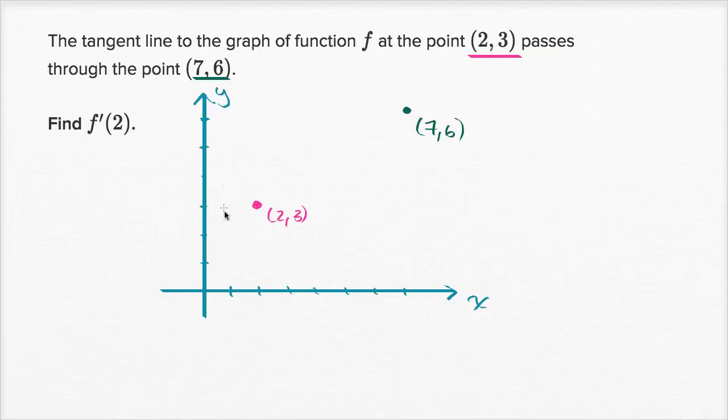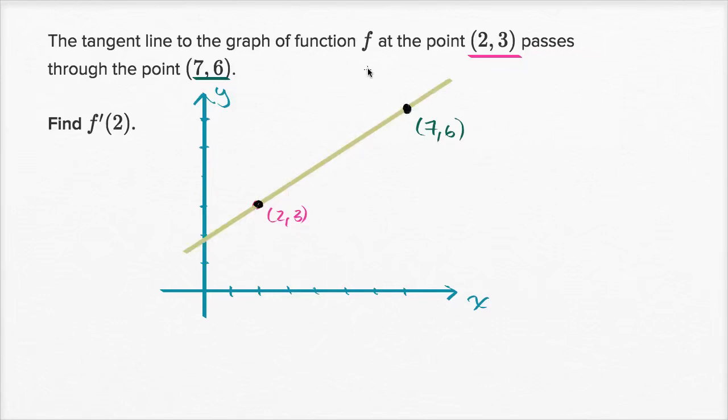Let me draw it. Okay, there you go. So the tangent line is going to look like that. It's tangent to f right at (2, 3), and it goes through the point (7, 6).